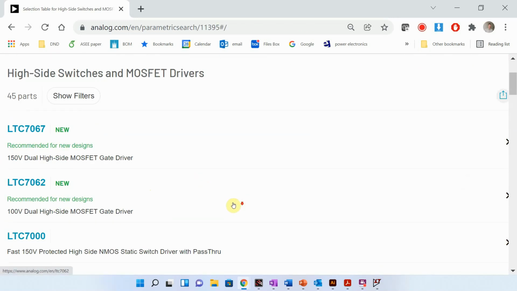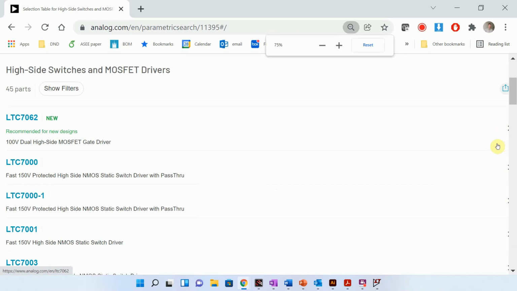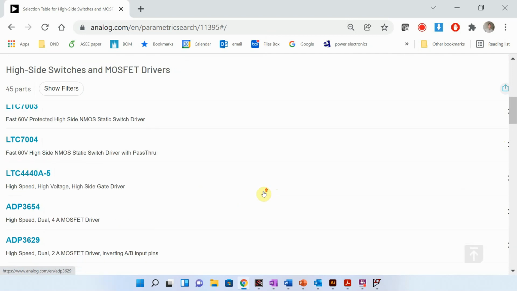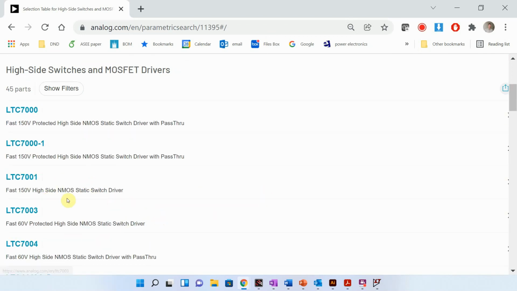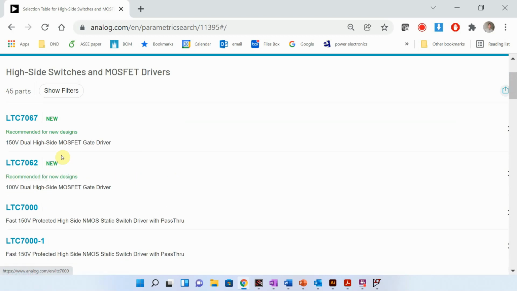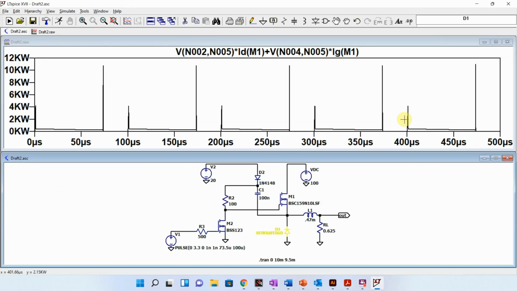So these drivers are designed to be MOSFET drivers. And then we just have to see if these are included in LTspice. So you see these, chances are these new ones aren't in there, but let's go check and see.